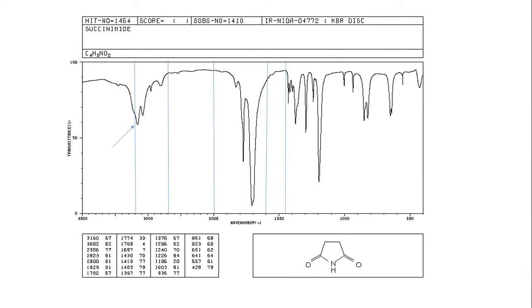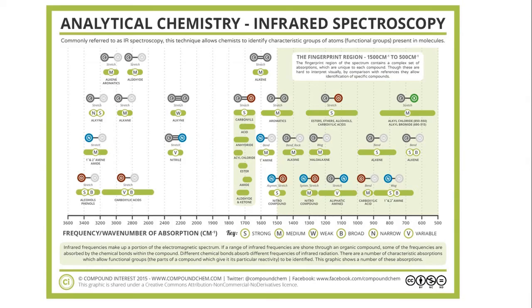So we've got a couple peaks here that we're going to pay attention to, and then a couple peaks here that we're going to pay attention to. We're going to use this graph from compound chemistry to figure out the specifics of what we can find in each region.